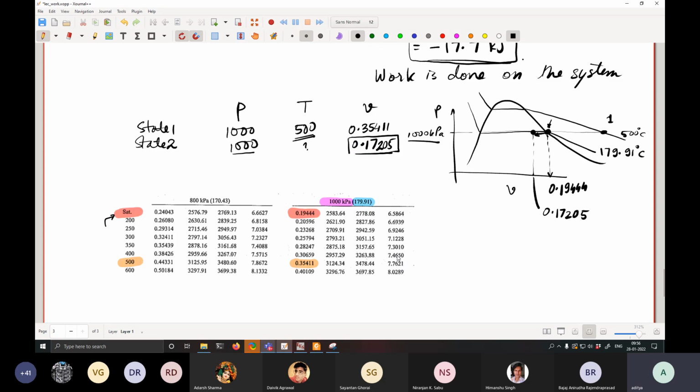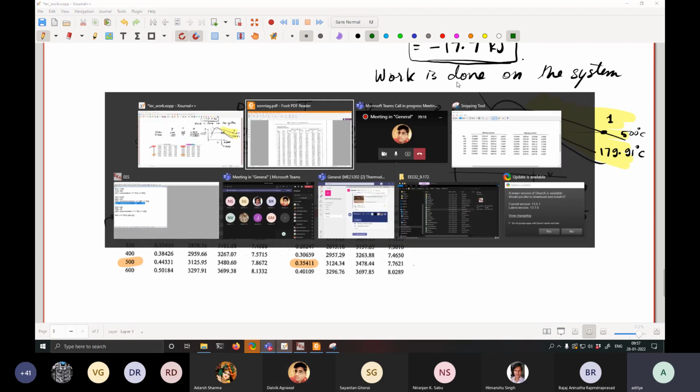Superheated data is this data. So obviously the person who has made the table is first going to give you this data, not that data. That would be dumb on his part. So it's going to be the gas part. Okay. Yes, sir. All right.